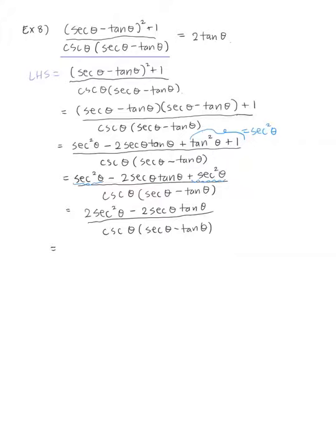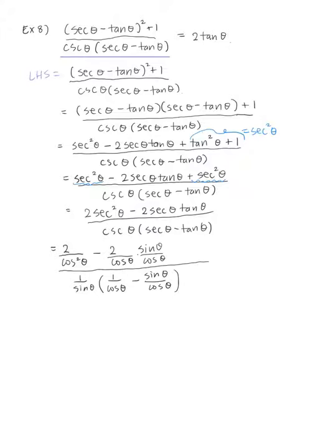So I'm going to try this as 2 times secant squared is what? 1 over cosine squared, so I'm just going to write it as 2 over cosine squared of theta, and then minus 2 times secant is 1 over cosine, and then tangent is sine over cosine, and whole thing over cosecant is 1 over sine, and here secant is 1 over cosine minus sine over cosine.